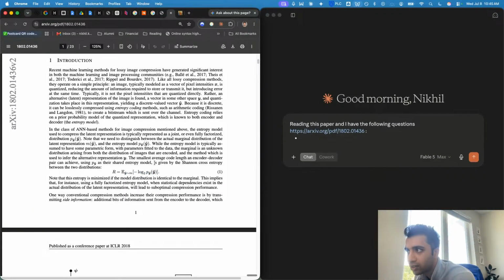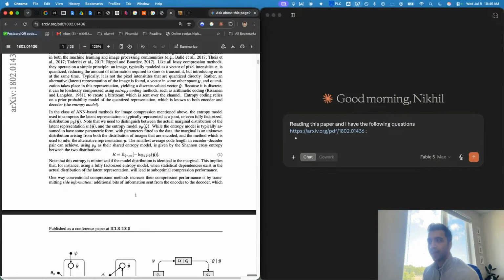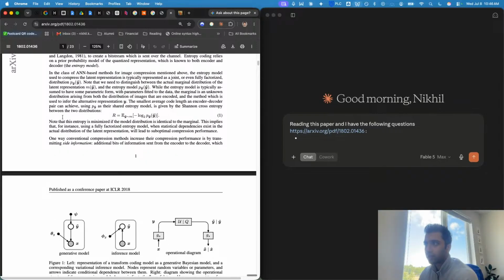Sorry, that's what this means. And this is some measure of entropy, which I'm just going to skip. But the point is, this is a theoretical lower bound on the average code length, the smallest code length. Note that this entropy is minimized if the model distribution is identical to the marginal.